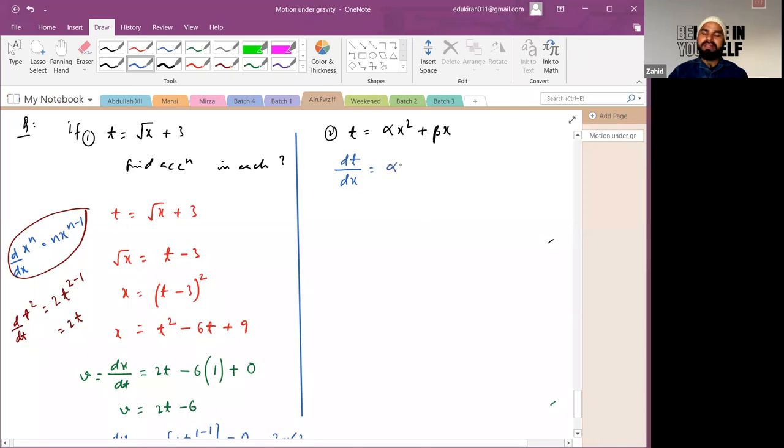So you will get alpha x square. On differentiating using the rule n x raised to n minus 1, plus beta x raised to 1, it will be 1 times x raised to 1 minus 1. So if you simplify it, you will get 2 times alpha x raised to 1 plus beta x raised to 0, so it will be 1.